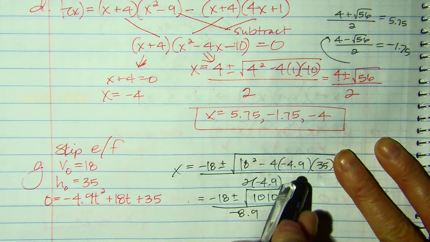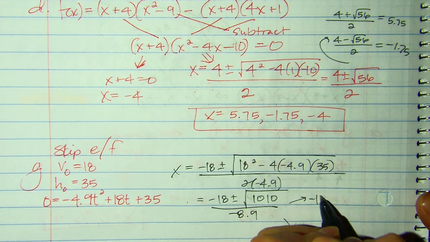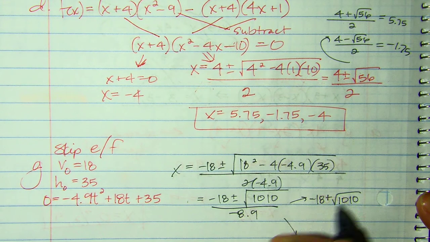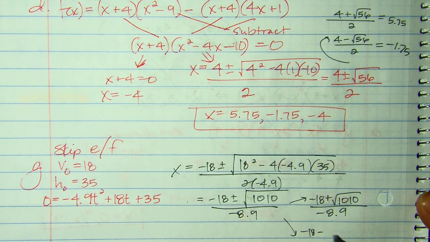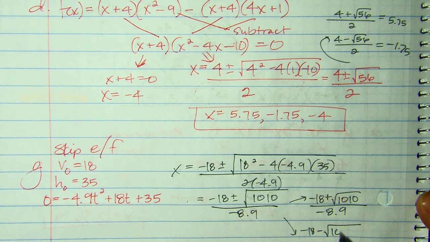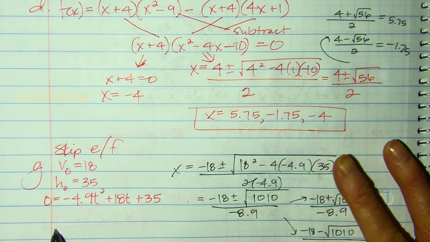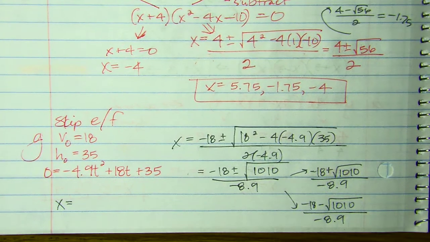So this is where the calculator comes in handy. Negative 18 plus the square root of 1,010 divided by negative 8.9, and negative 18 minus the square root of 1,010 divided by negative 8.9.